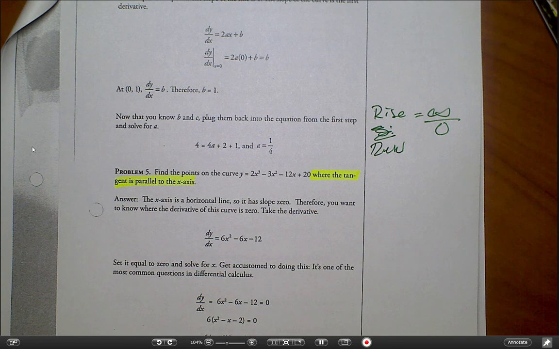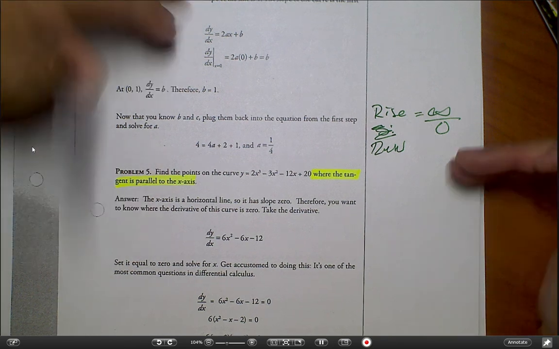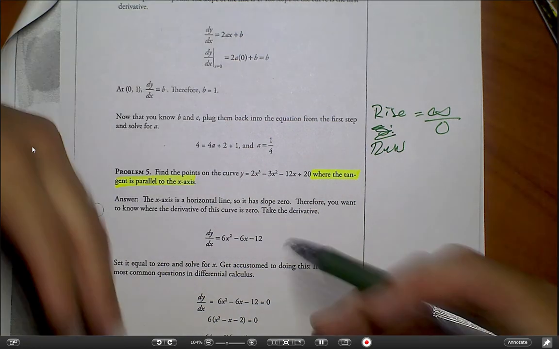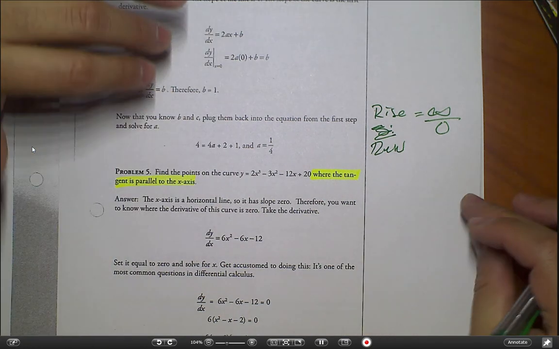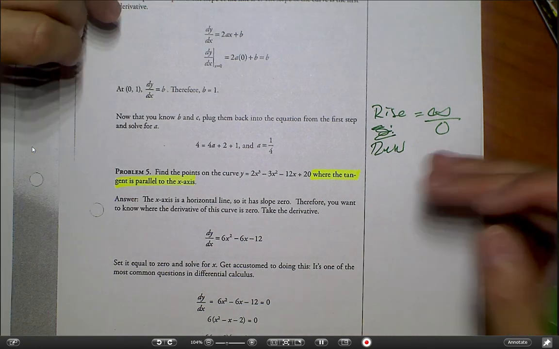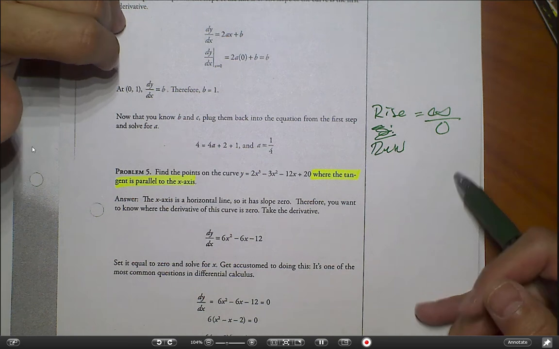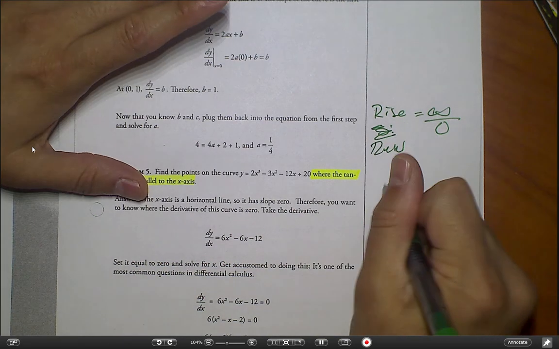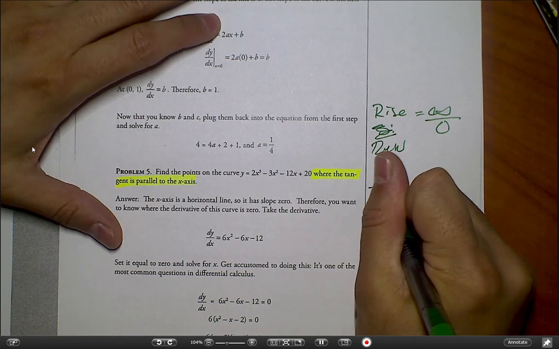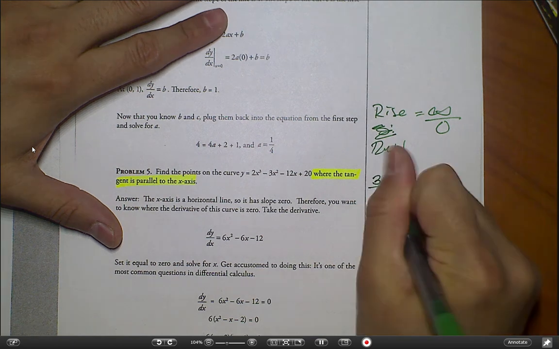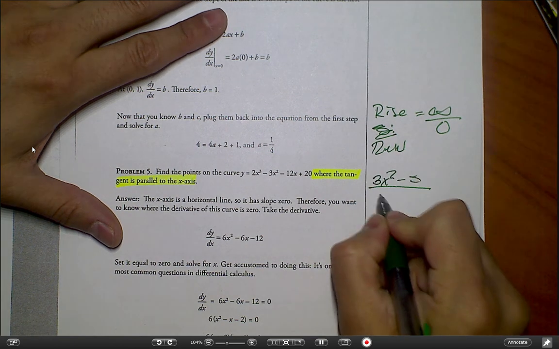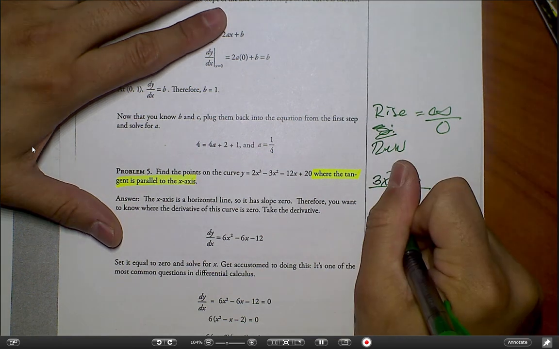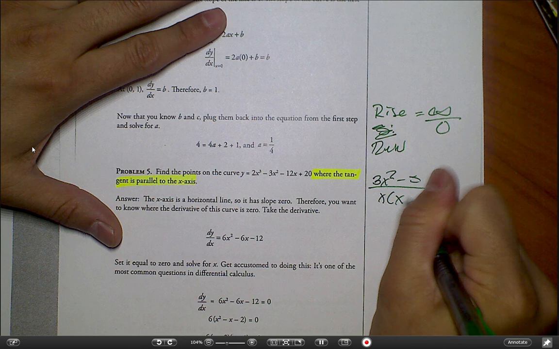So I'm going to have to find places in which I have an undefined slope. Especially if I have a problem that is a fraction, some type of quotient rule or something. So I'm going to make one up right now. Say I have something like 3x squared minus 5 over, let's say, quantity x minus 2 squared.